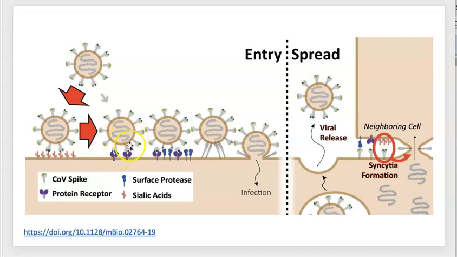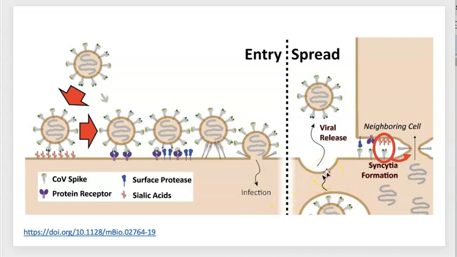And as these tighter and more efficient binding events take place, surface proteases that the host cell produces can then process the spike proteins and facilitate this membrane fusion event that you see here. And ultimately, the virus can then replicate and bud its way out of the cell, as pictured here.